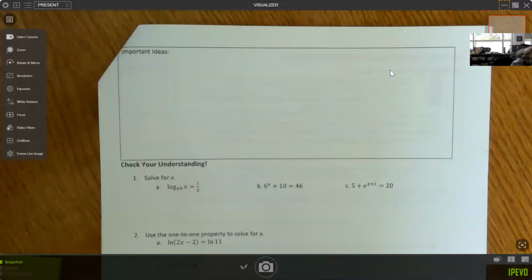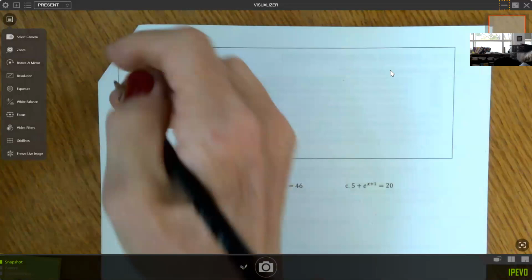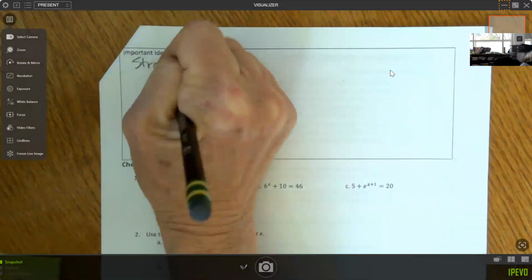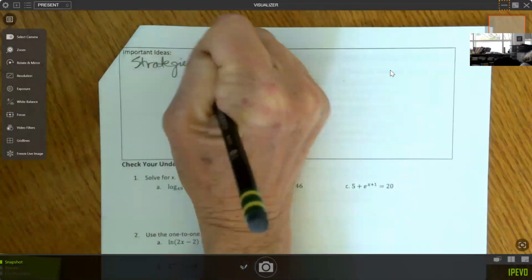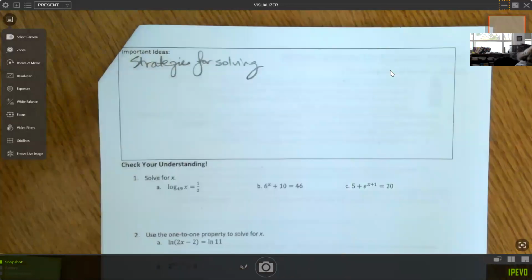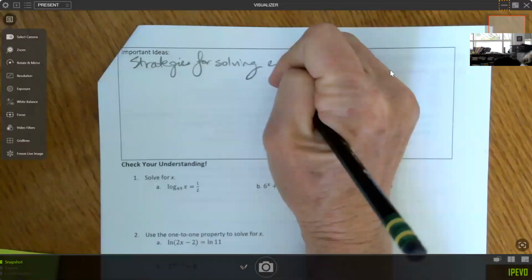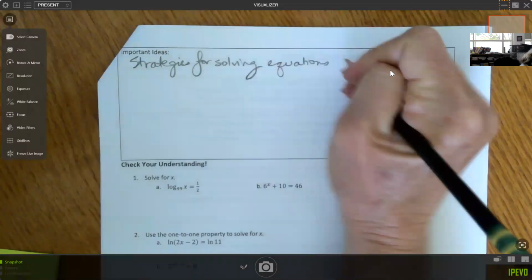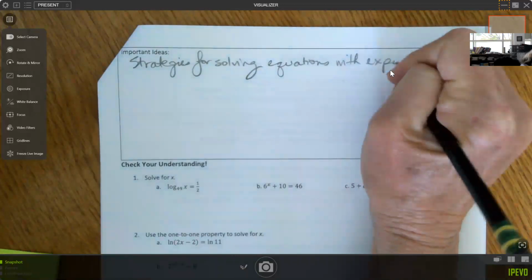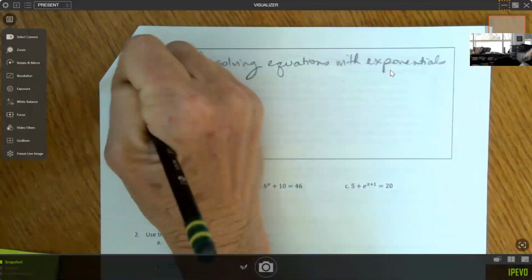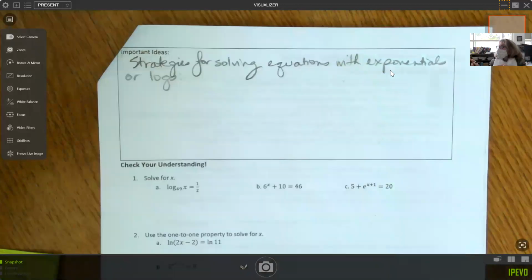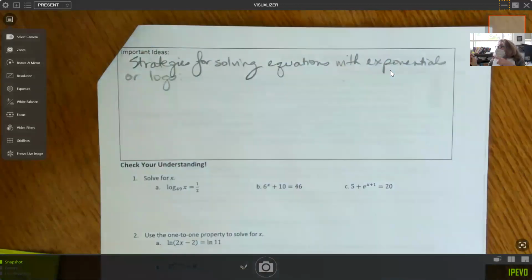And our important ideas are strategies. Okay, so these are strategies for solving equations with either exponentials or logs. And I think these are a little bit difficult because as opposed to some of the other things we've done, where you always solve some things the same way, when it looks like this, I do this and then this.